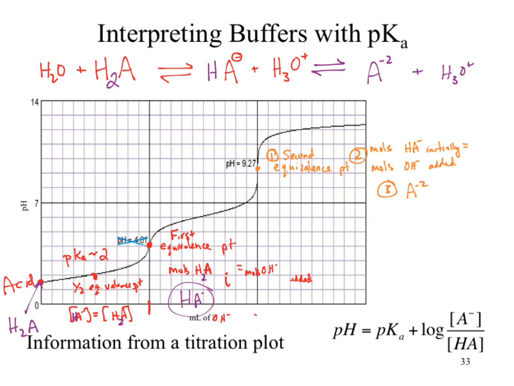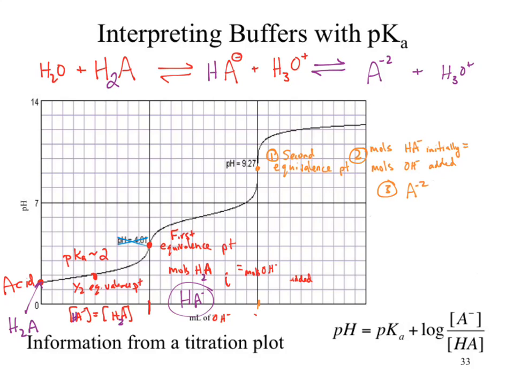With the second equivalence point, can we make any conclusions about our pKa? No. What do we need to make conclusions about the pKa? The half equivalence point. So how do we calculate the half equivalence point? Half of the base added, because that's what we're looking at for our equivalence, is how much base we've added.